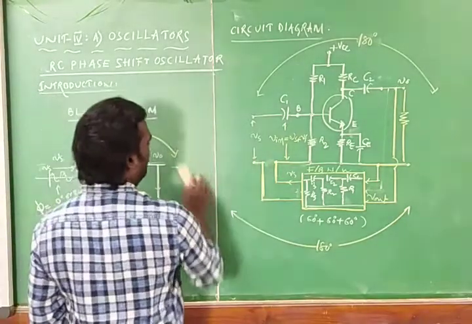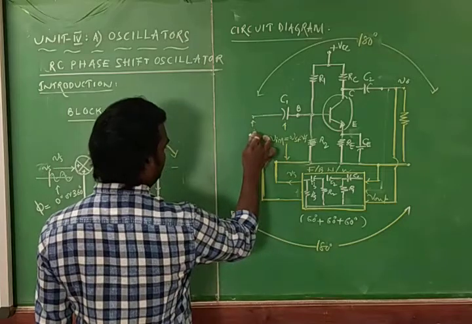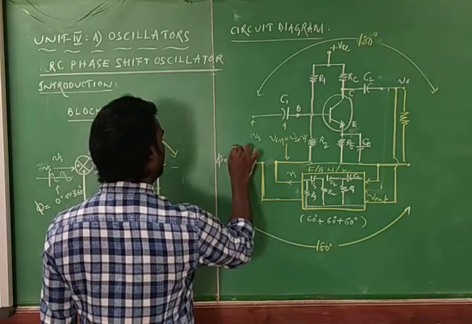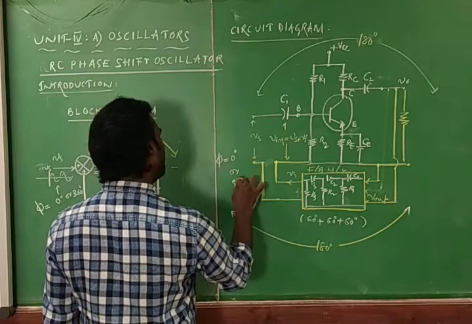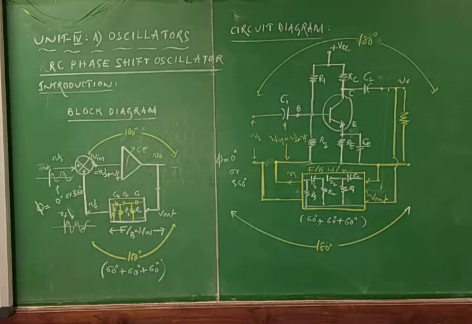So the phase difference between the source voltage Vs and the feedback signal Vf will be either 0 or 360 degrees. This is the circuit diagram of the RC phase shift oscillator.